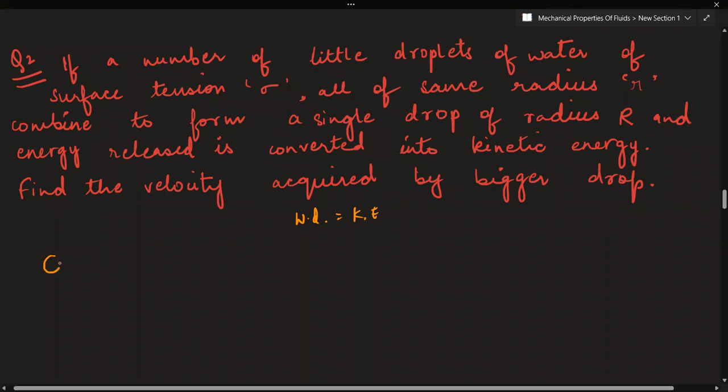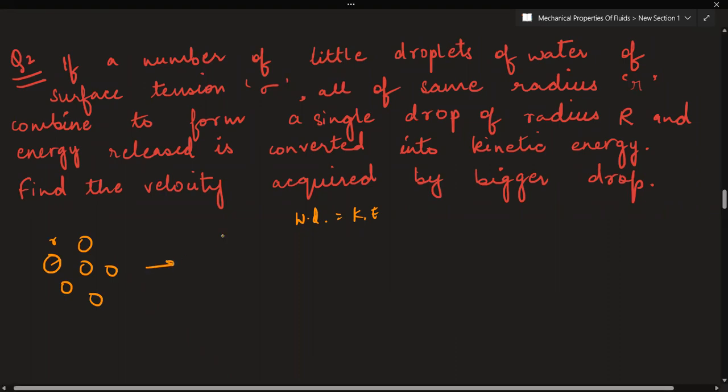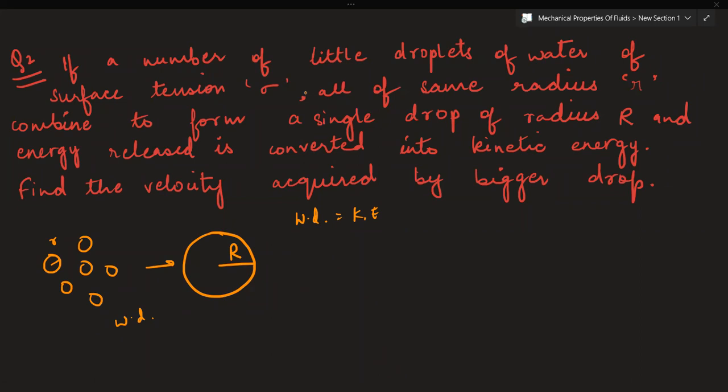If these are the small drops with radius small r, they coalesce and combine to form a single drop, one single drop of radius capital R. Now the energy release means whatever work has been done in this process is converted into kinetic energy. Take n as the number of these drops.